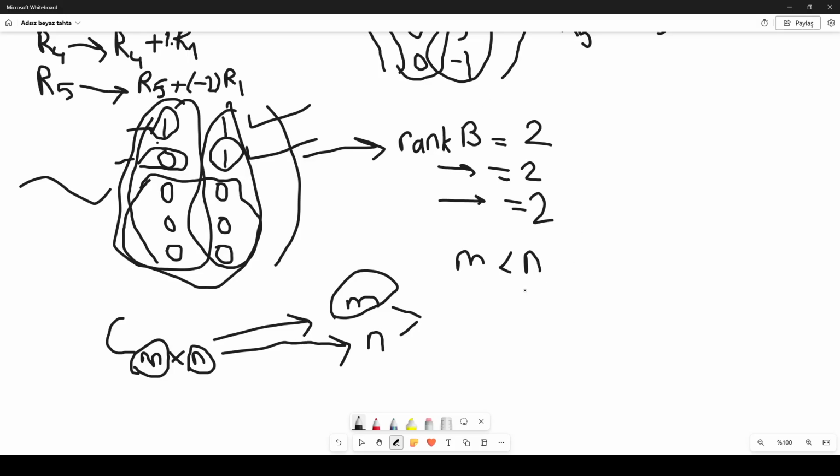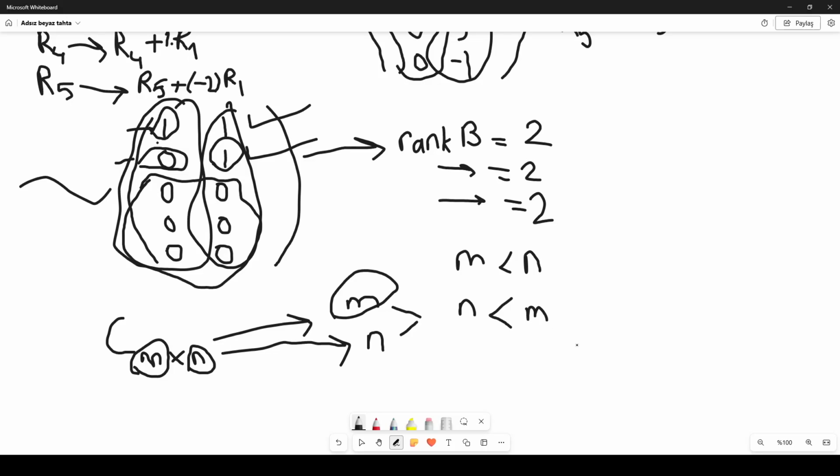Because if you have 4 rows and you found rank 5, is it plausible? No, it is not plausible at all, because we don't have 5 rows. We only have 4 rows, so the rank shouldn't pass that value. And the same thing is satisfied for this situation as well.